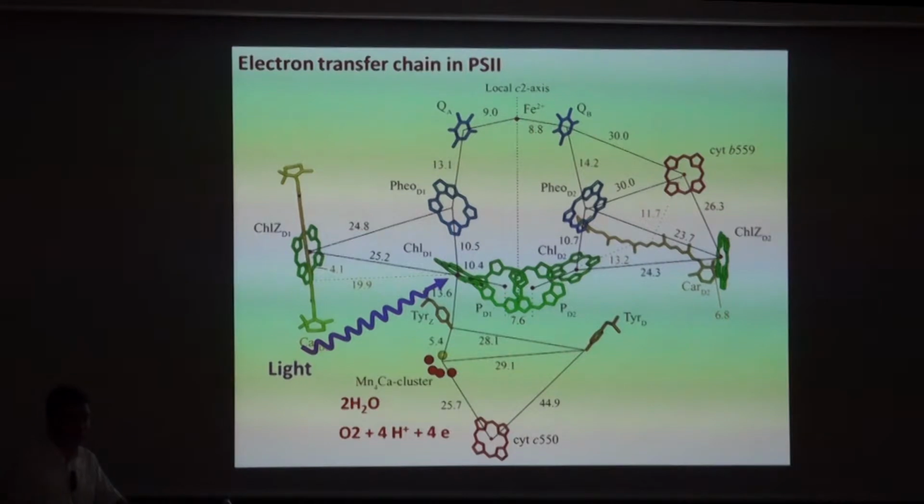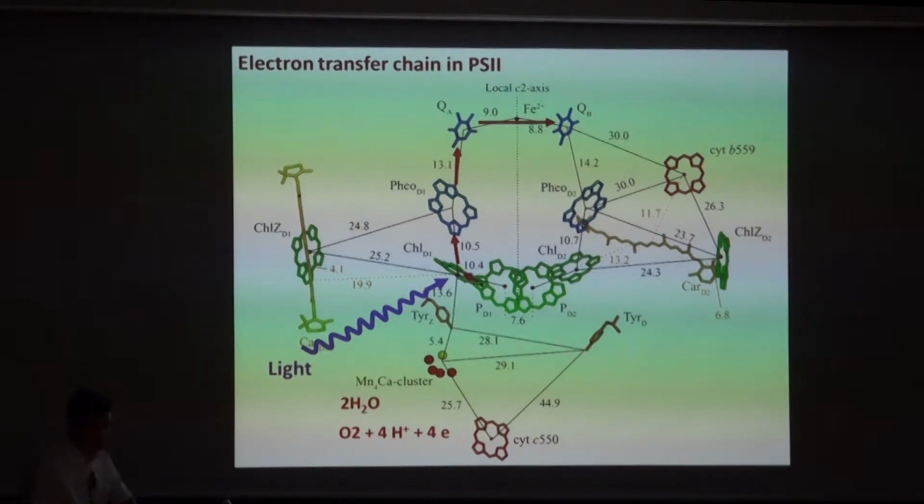When light comes in, one of these 4 chlorophyll molecules absorbs 1 photon first, then 1 electron is ejected from one of these chlorophyll molecules. This electron is transferred to a nearby pigment, which is a pheophytin molecule, and then to 2 other nearby molecules, which are bound quinones, which we call QA and QB.